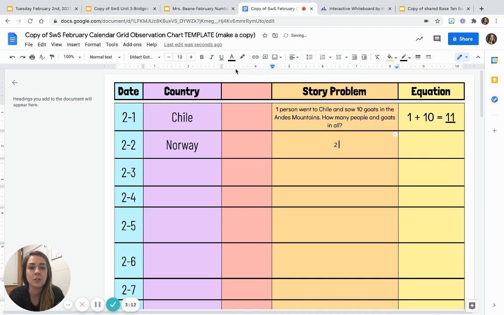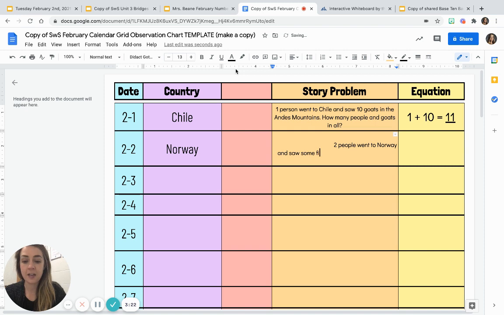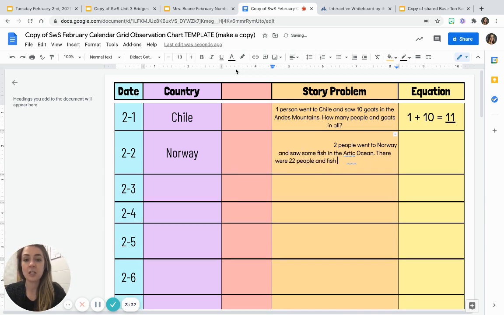All right, two people went to Norway and saw some fish in the Arctic Ocean. There were 22 people and fish in all. How many fish?